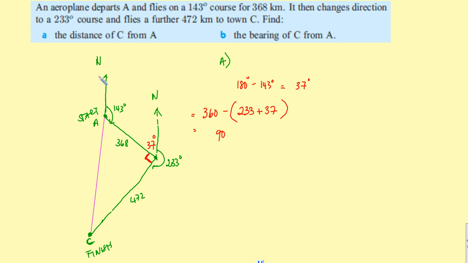So in solving now for part A, the distance of C from A, we're looking for the hypotenuse. In finding the hypotenuse, all we're going to do is take the two sides that were given to us.